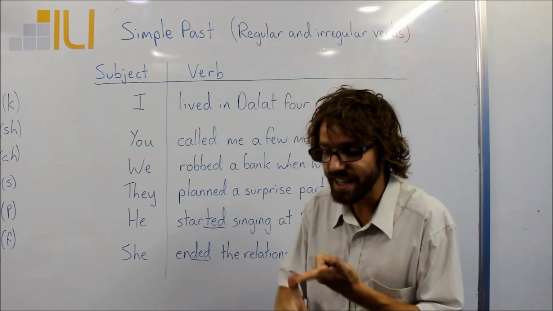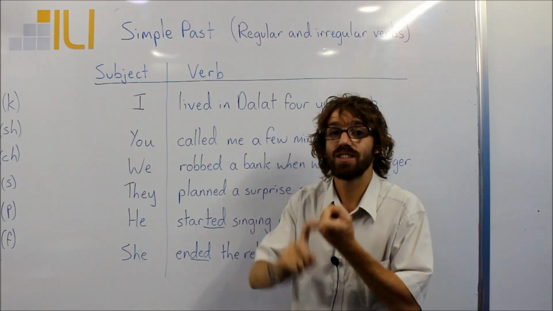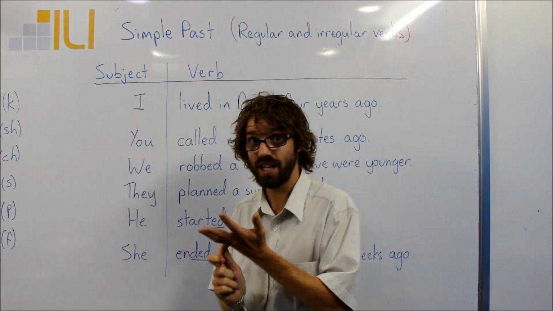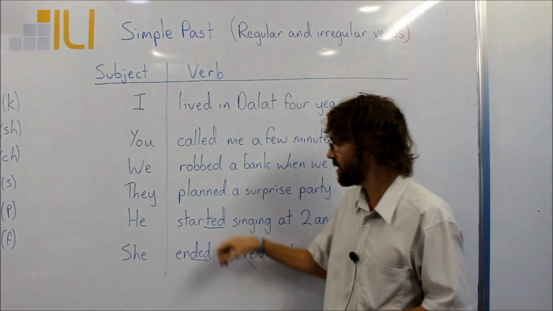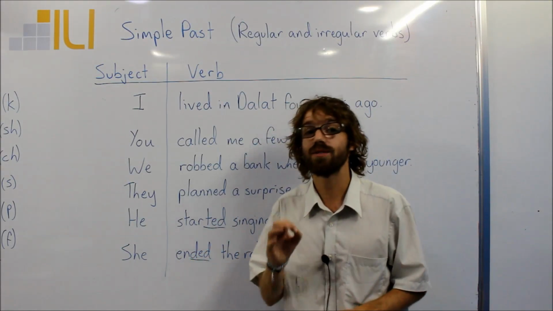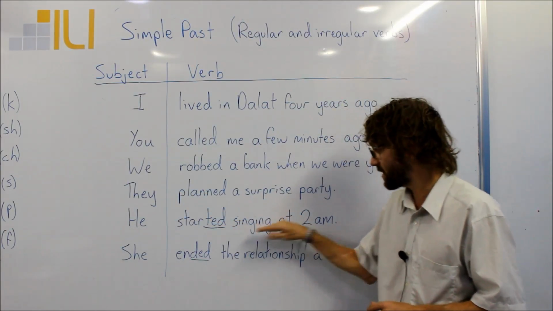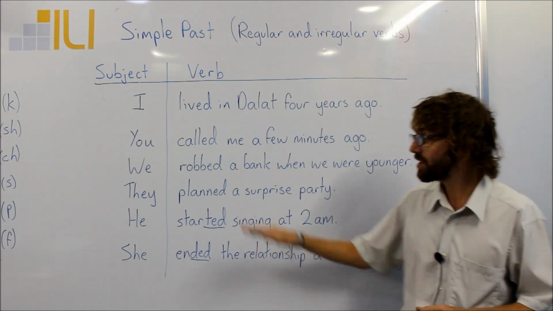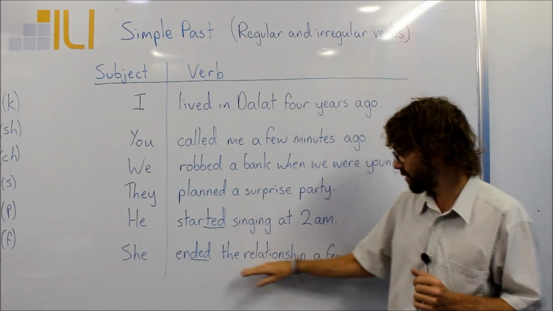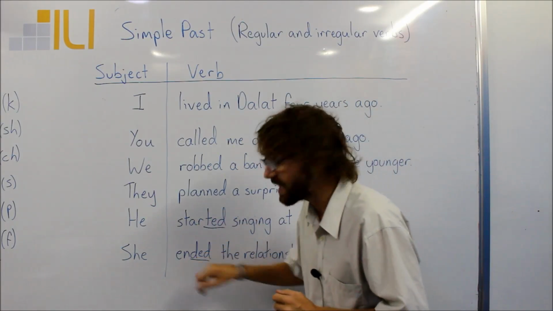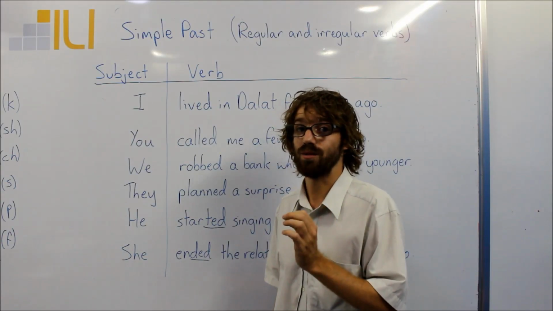End, ended, ended. State, stated. Goad, goaded. Alright, so normally, if you have the T or the D, it's followed by the id sound. He started singing at 2 a.m. She ended the relationship a few weeks ago. So, T and the D have the id sound.